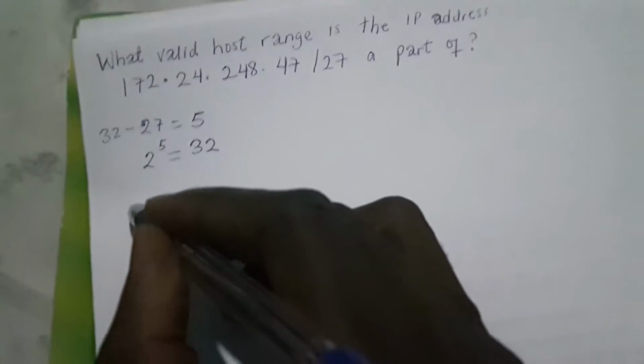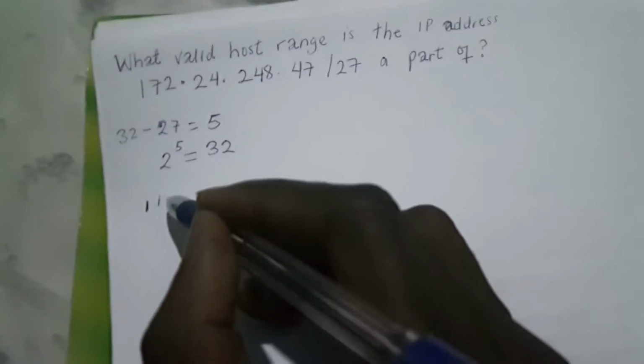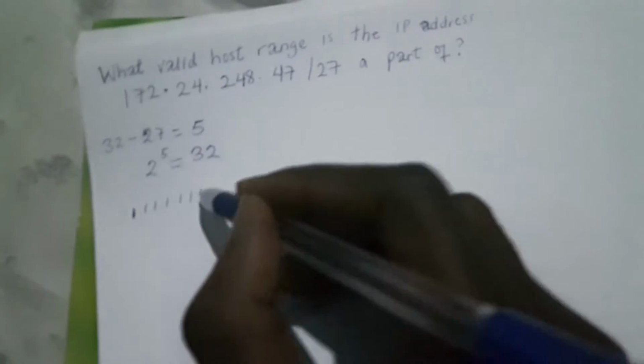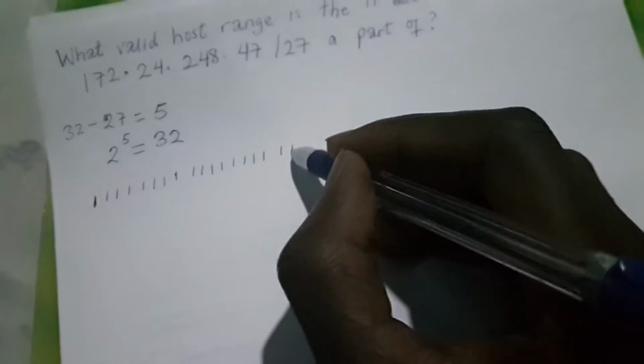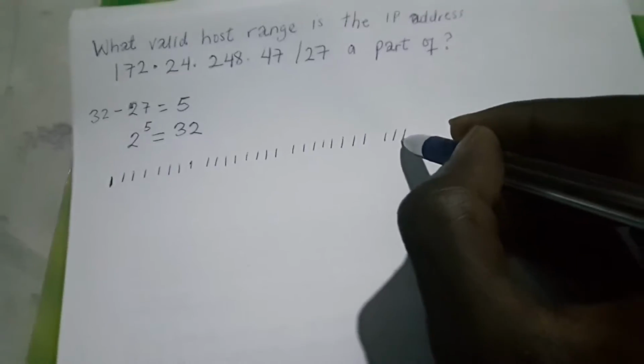So you write 1, 2, 3, 4, 5, 6, 7, 8, 9, 10, 11, 12, 13, 14, 15, 16, 17, 18, 19, 20, 21, 22, 23, 24, 25, 26, 27.